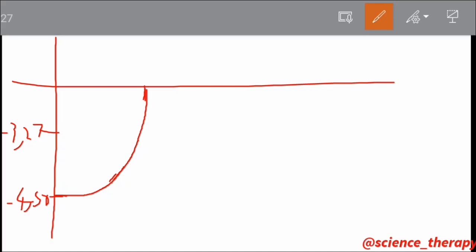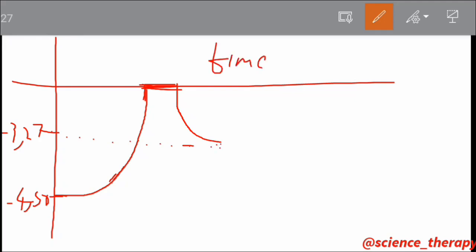But remember, this is not an elastic collision, so we have to show the contact time with the ground here to show that there is a loss of energy. Then it bounces off to a maximum height of 3.27, right? So that's how we indicate it.